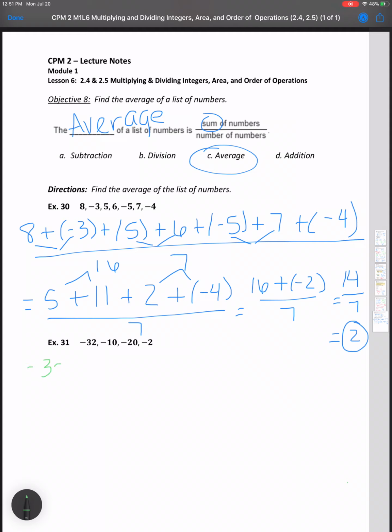Okay, example 31. Take these numbers, -32 plus a -10 plus a -20 plus a -2. I'm going to add that up and divide by 1, 2, 3, 4. So when I go add these, let's see, -32 plus -10, add, keep the sign. -20 plus -2, add, keep the sign.